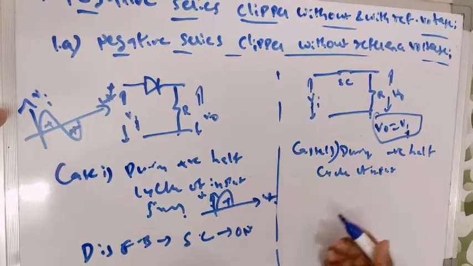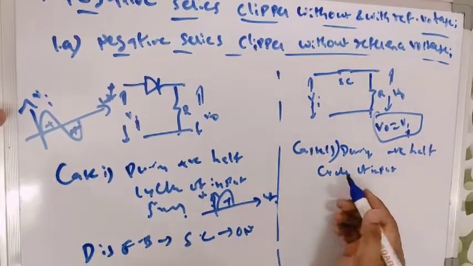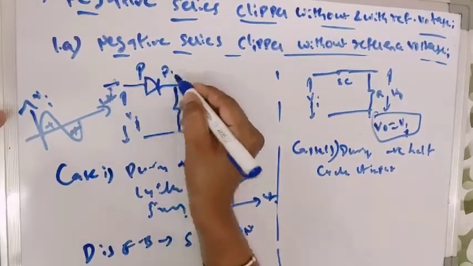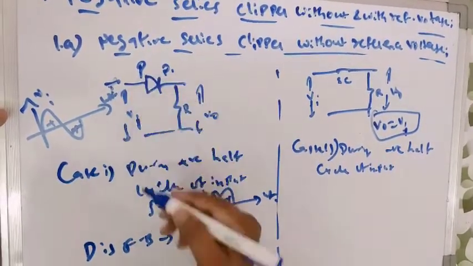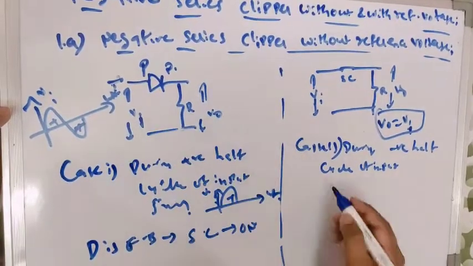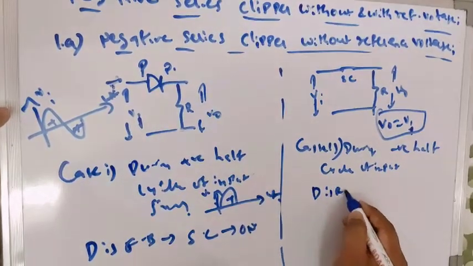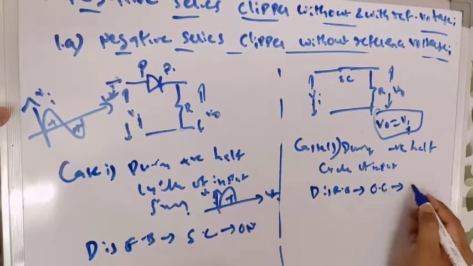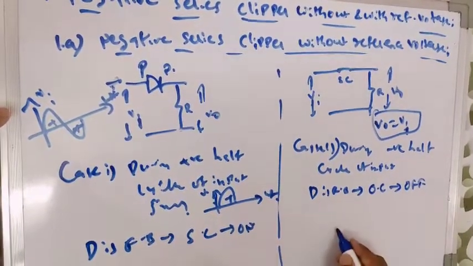Case 2: during the negative half cycle of the input signal. A negative voltage is given as input, so the negative voltage is applied to the P type. Negative applied to the P type means the diode is reverse biased. When the diode is reverse biased, ideally it is considered as an open circuit, an open switch or off switch.